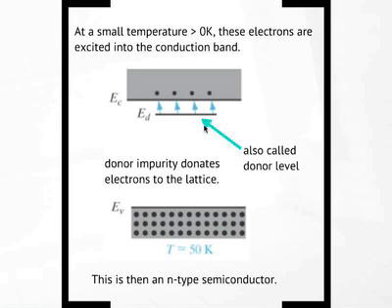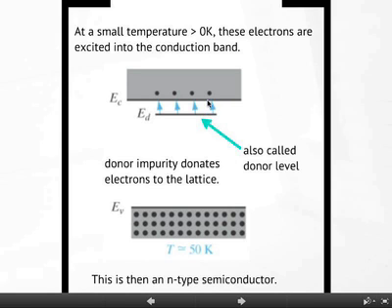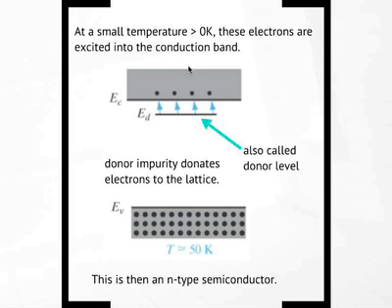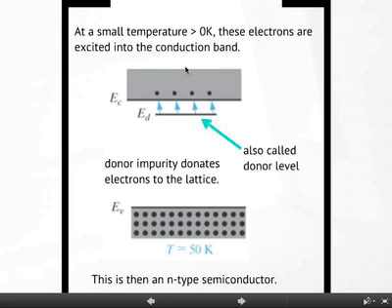Okay? The other important difference is that clearly this energy difference is very small, which means that you can excite these electrons up much more easily than in an intrinsic semiconductor. The other important point to keep in mind is that now you can control the concentration of electrons irrespective of temperature.